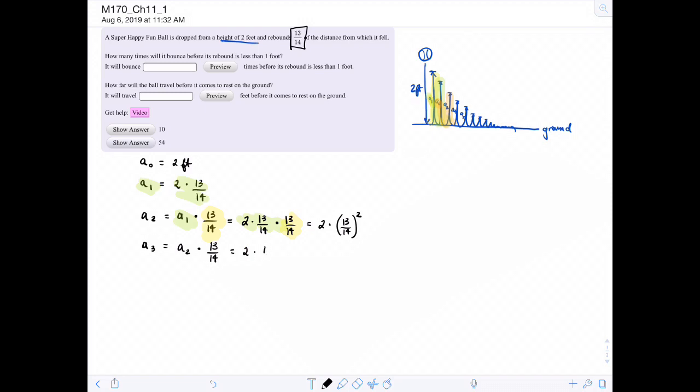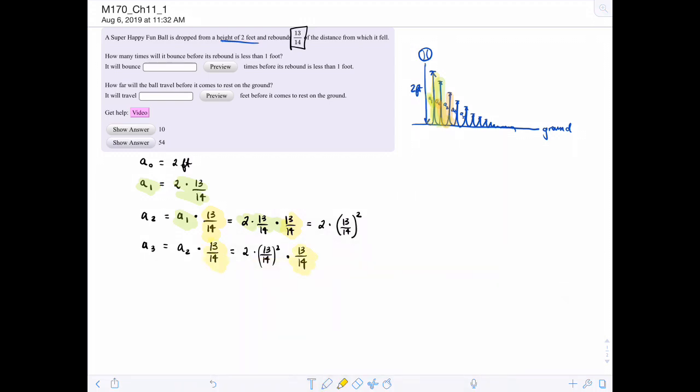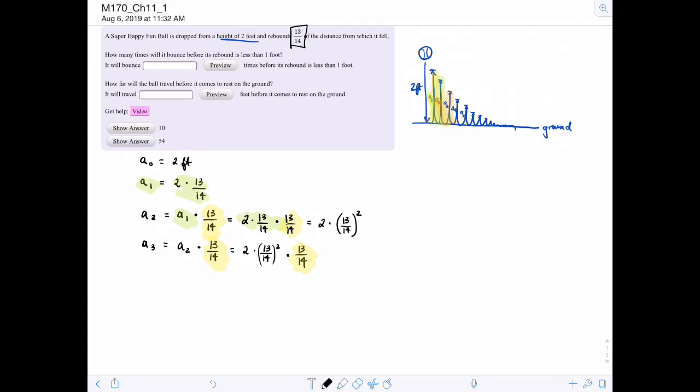A2 is 2 times 13/14 squared times this 13/14, which ends up being 2 times 13/14 to the third power, cubed. And if I did A4, I can see the pattern now, it's going to be 2 times 13/14 to the fourth, and so on.